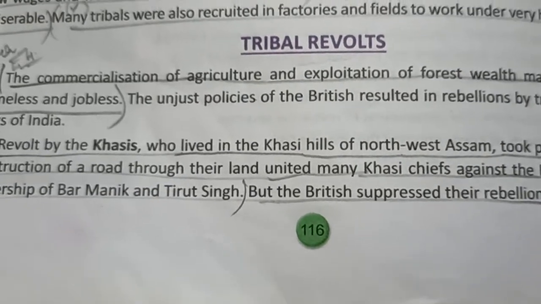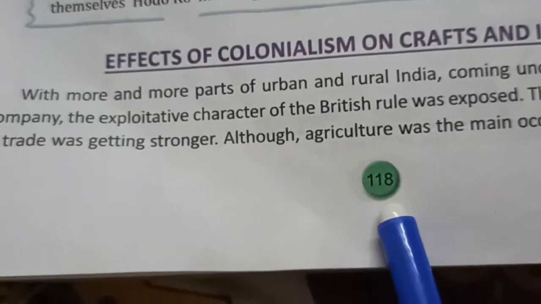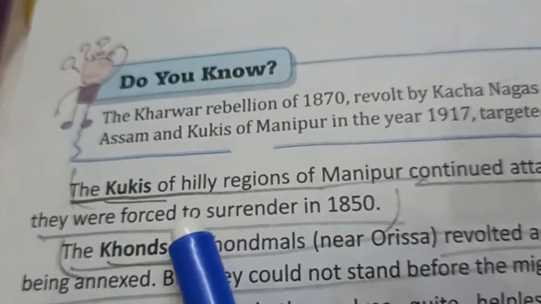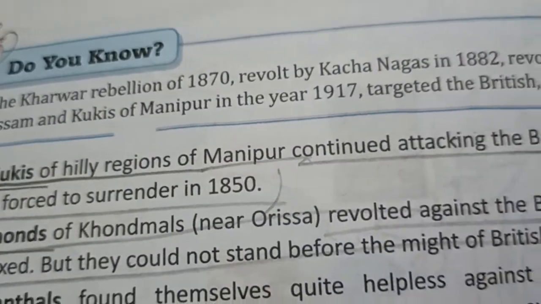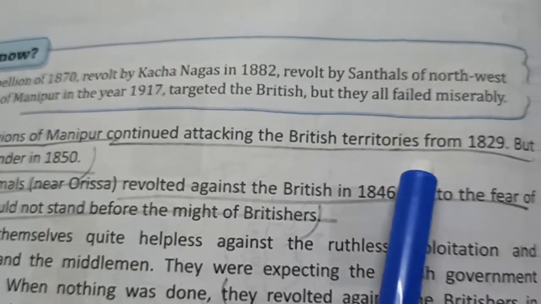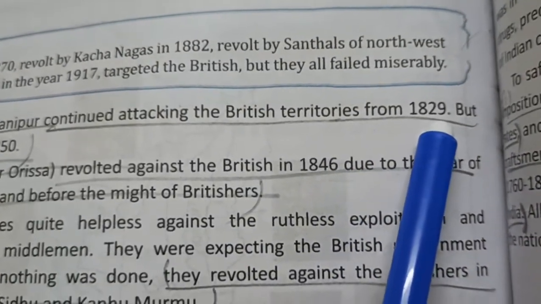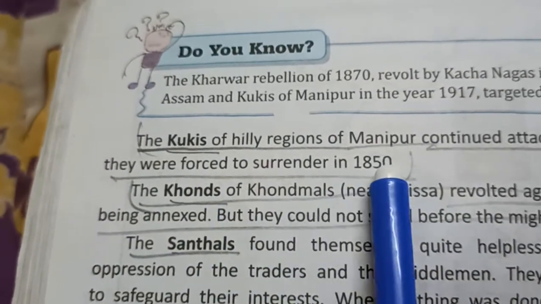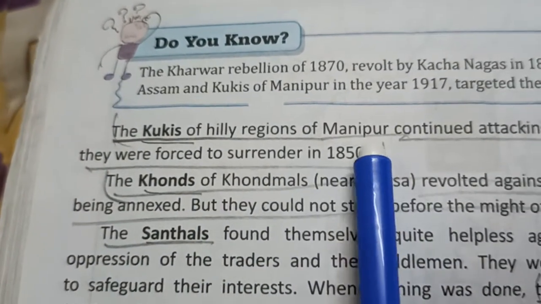Now you will take out page number 118. One you have written. Now second you will write, the Kukis of hilly regions of Manipur continued attacking the British territories from 1829, but they were forced to surrender in 1850.